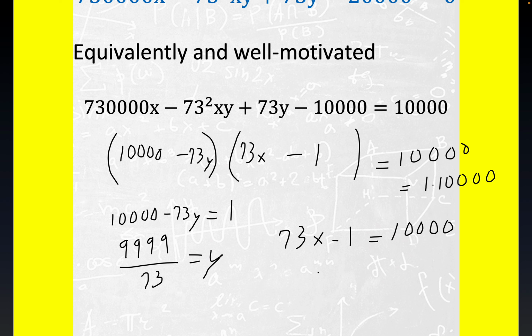And so we get x is equal to 10,001 divided by 73.